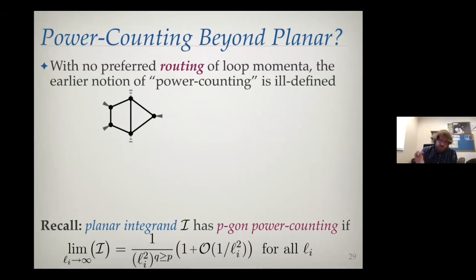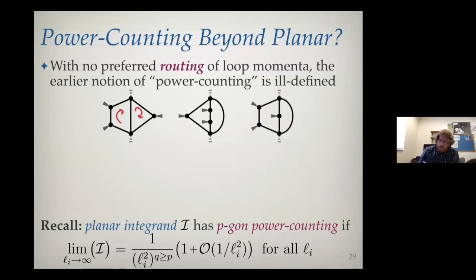And just to illustrate this, and it's a little pedantic, if you look at this particular example where we have a box and a triangle, everybody would look at this and say that this loop scales like a box and this loop scales like a triangle, obviously. However, I can draw it in multiple ways. And why don't I say that this scales like a pentagon integral, and this thing scales like a box, or a pentagon and a triangle?